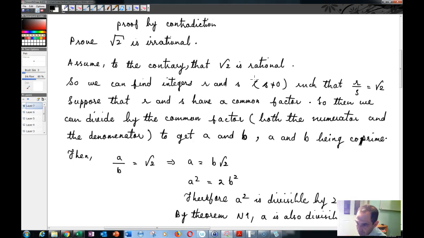And since some fact was contradicted, that means that your assumption was wrong. And since your assumption was wrong, that means that the negation of your assumption was true. And then that simply proves what you wanted to prove. That's basically how this thing works.